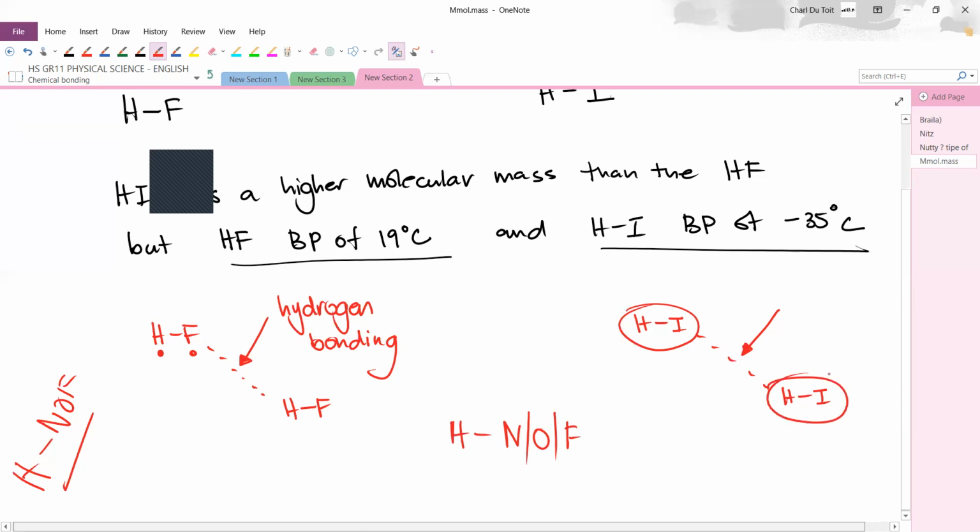This one is just two polar molecules, so it's dipole-dipole. Hydrogen bonding is a stronger intermolecular force, so you'll need more energy to overcome those bonds. Therefore, hydrogen fluoride will have a higher boiling point compared to hydrogen iodide.